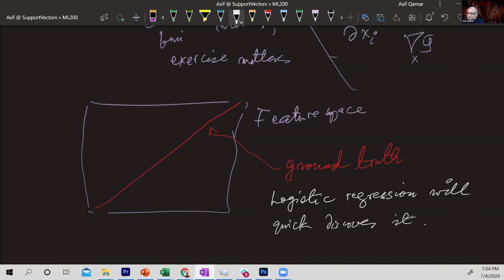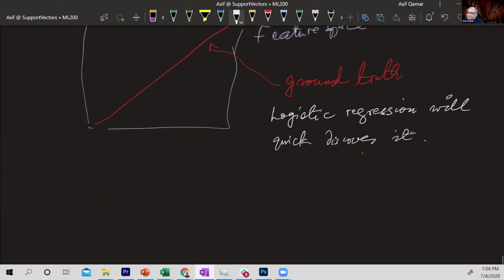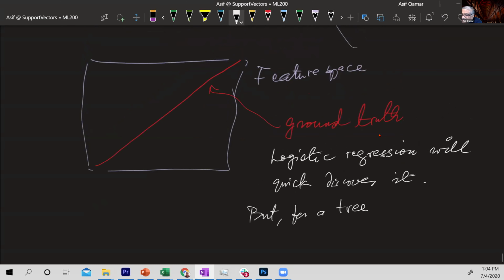But for a tree, see what will happen. Because it makes rectangular decision boundaries, it will go like this. Remember, it can only split along the axis. Anil, you see what I'm talking about? Yes.